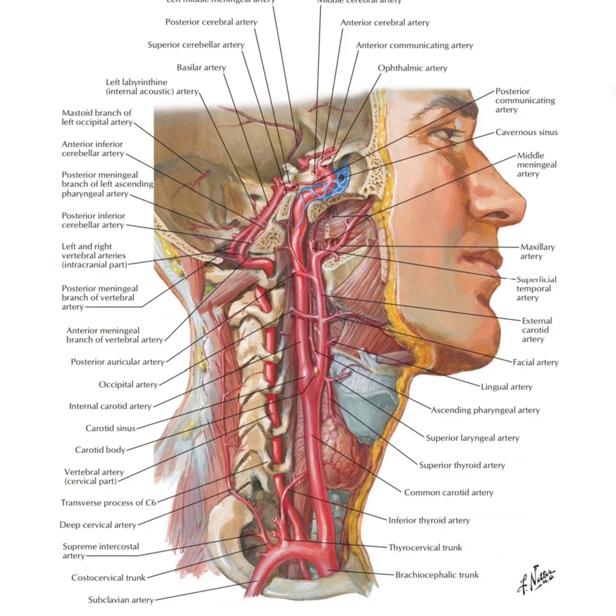It arises from the brachiocephalic trunk on the right side and from the arch of the aorta on the left side, and ascends through the anterior triangle of the neck. It divides into the external and internal carotid arteries at the level of cervical 4 vertebra or at the upper border of the thyroid cartilage.